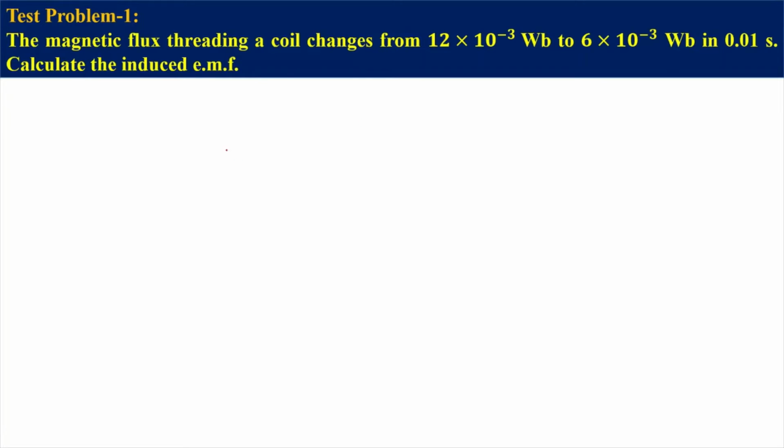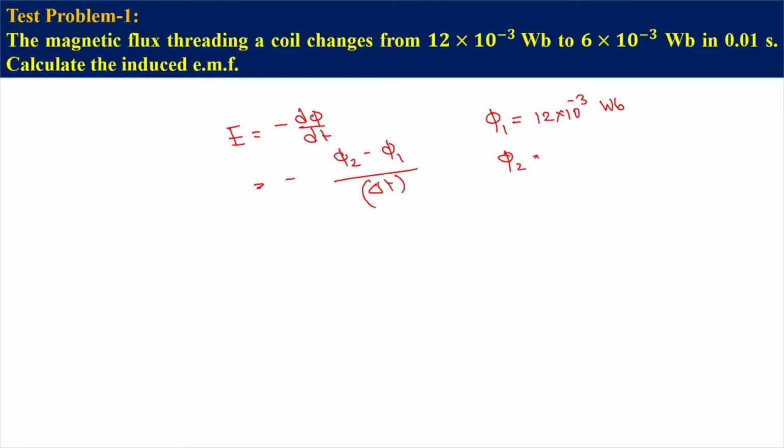So it's very simple. We know that E is equal to minus d phi dt, which basically means phi 2 minus phi 1 divided by delta t. Delta t is the change in time, and according to the question, phi 1 is equal to 12 times 10 to the power minus 3 Weber. Phi 2 is 6 times 10 to the power minus 3 Weber.